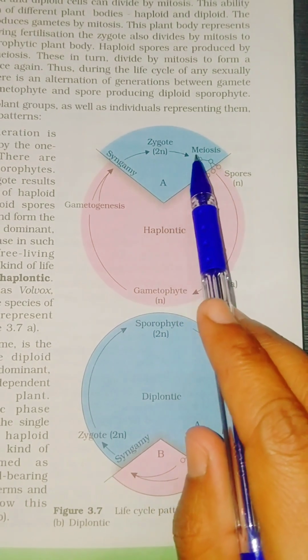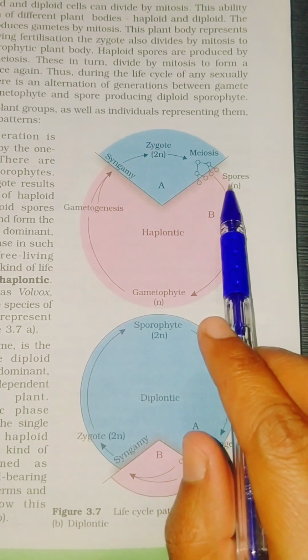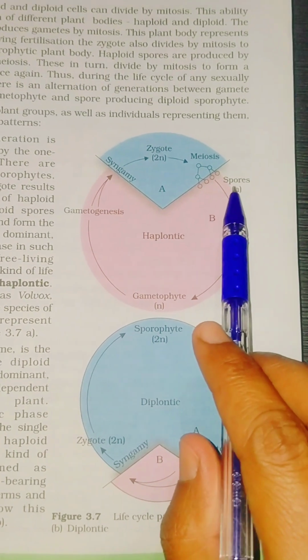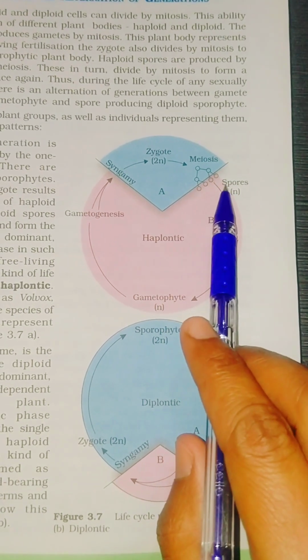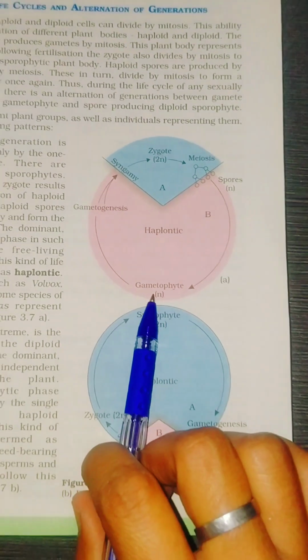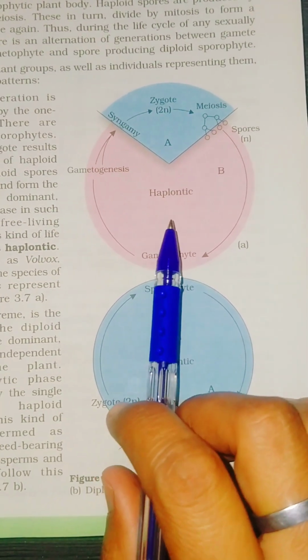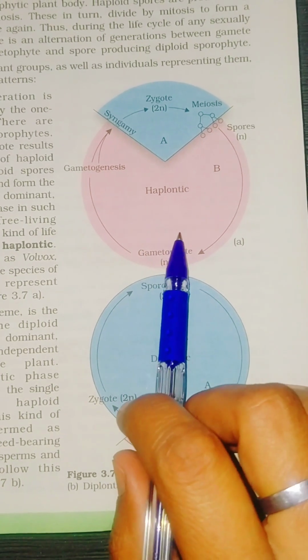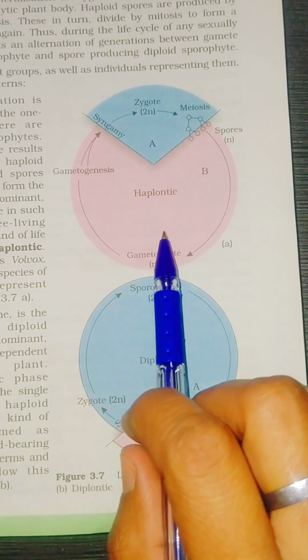And as you all know that meiosis is the reductional division. This 2n condition is converted into 1n. Due to reductional division the spores will be haploid, and these spores will grow into the gametophyte. And examples of this haplontic type of life cycle are algae like Spirogyra, etc.